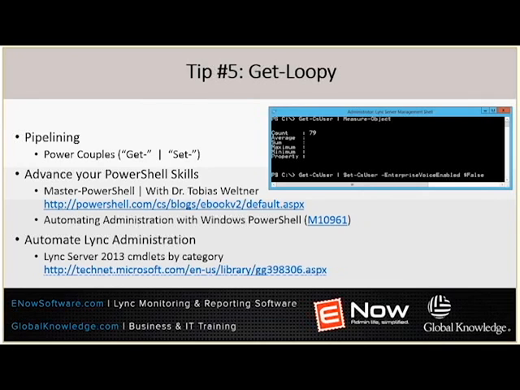In this illustration here, we've added the parameter enterprise voice enabled and set it to false. So if I press enter here at this point in time, all 79 of those users in this organization are going to have their enterprise voice functionality disabled, turned off. It may not be highly desirable. All right, so even without knowing it, we're probably doing some looping without getting deep into it.